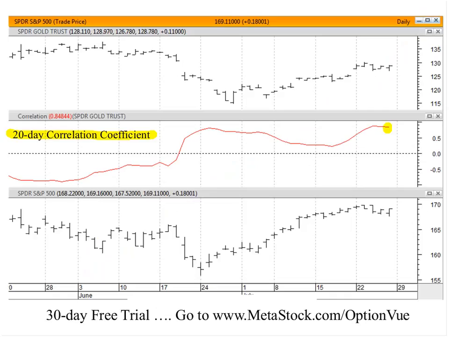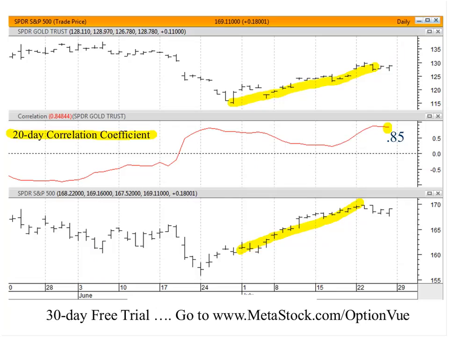Here on the far right, we could tell that the lines were pretty darn close there. The value we had, if we calculated the correlation coefficient over the last 20 days, is 0.85. That's pretty close to a value of 1. And you might think, gosh, in the last 20 days, 0.85, wow, these are correlated.